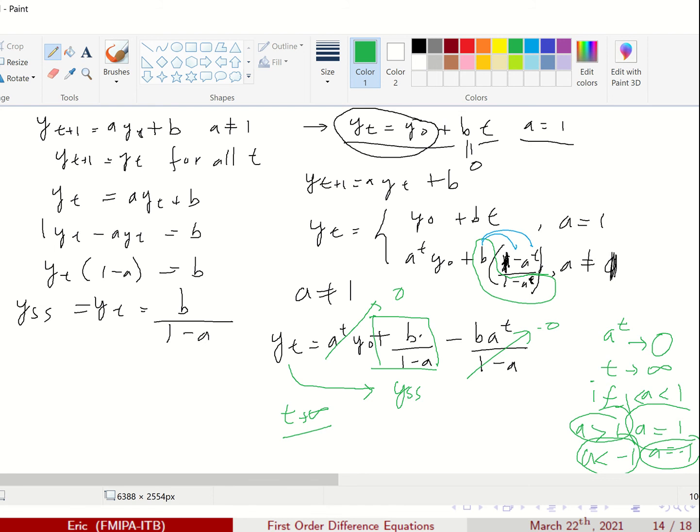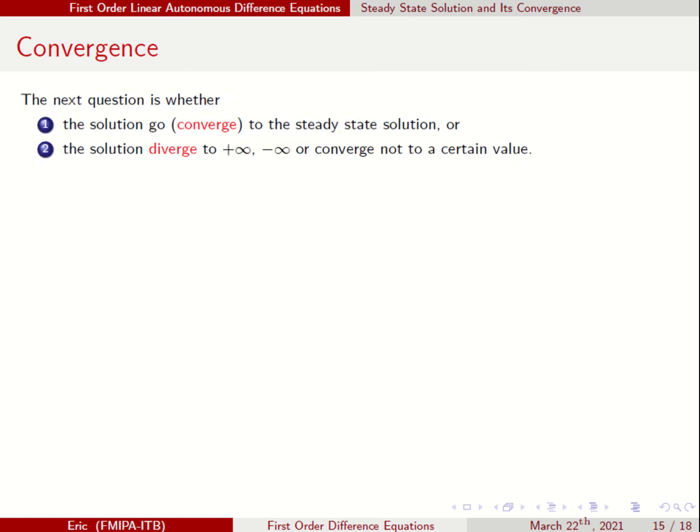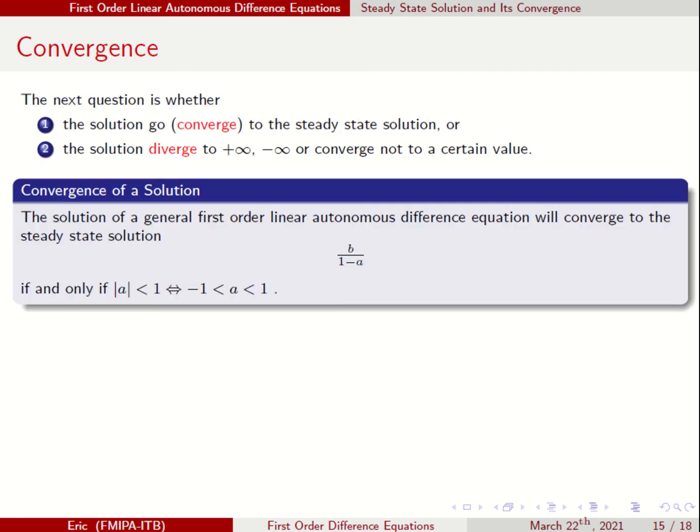But this is a special case: when b is 0, it still can go to your steady state solution, because your steady state solution is your y0. That's obvious, isn't it?